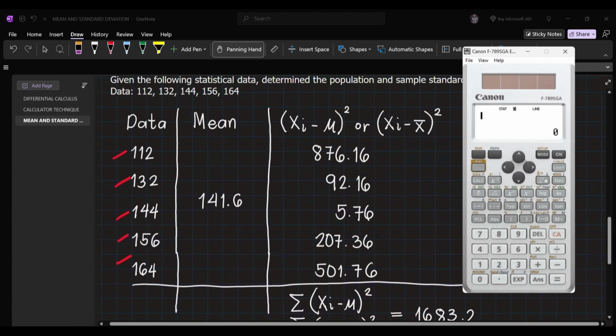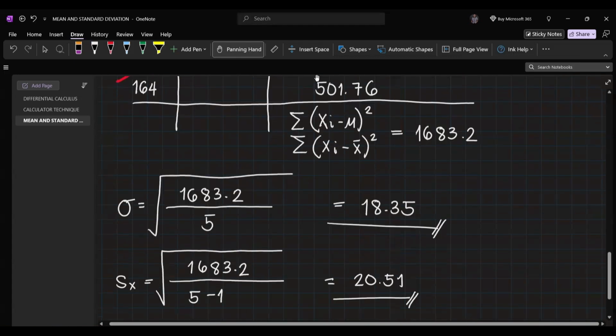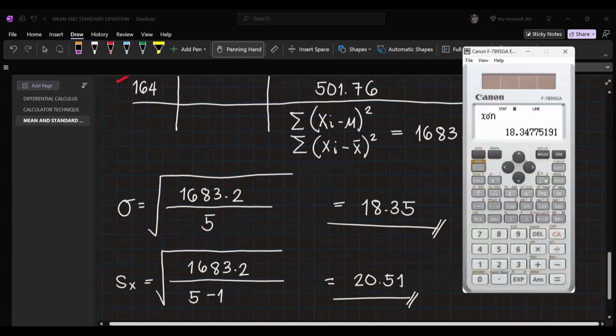Press CA, then apps, then ganon ulit, kay 5. And then ito, si number 3, ito si population. Kasi makikita nyo, N lang naman siya dito, no? N lang. Kaya press natin si 3. So, tingnan natin kung same. 18.35, which is correct.